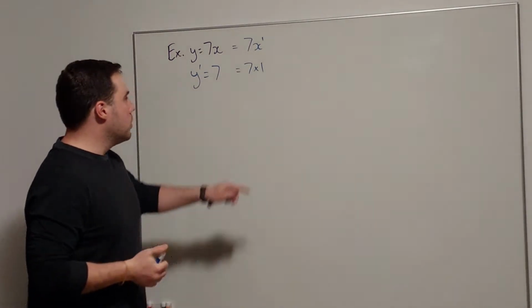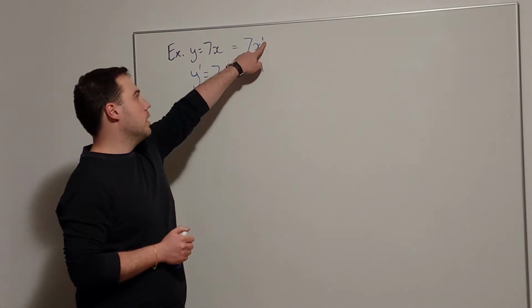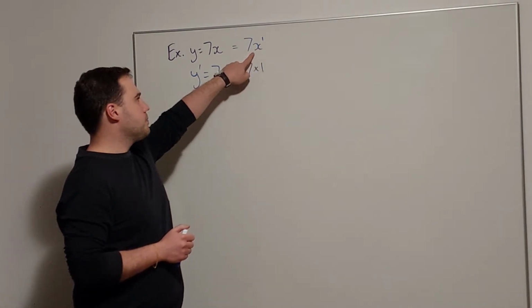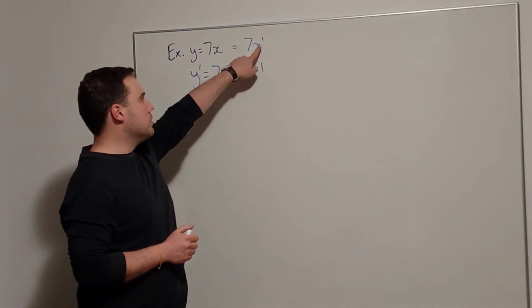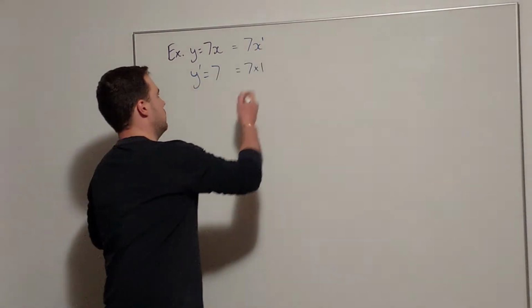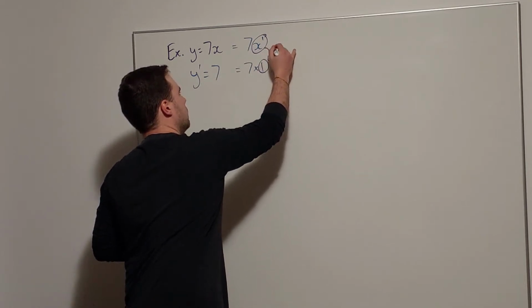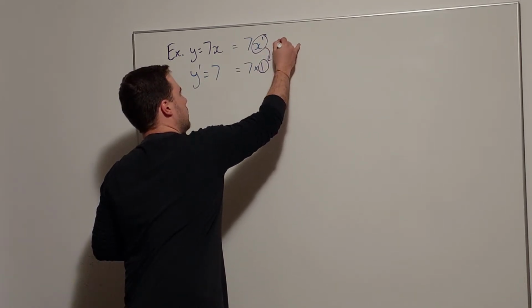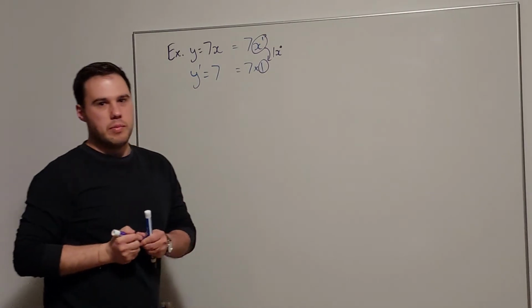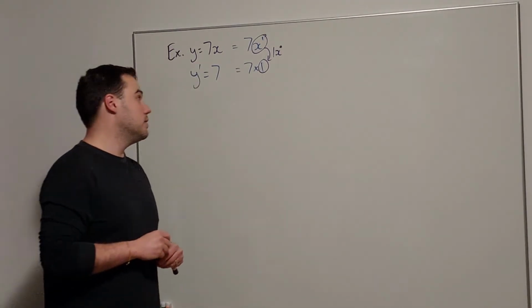Well, what's the derivative using the power rule of x to the 1? Well, we can bring the power down the front and multiply by the power and subtract 1 from the power. Right, so going from here to here, we've brought the power down and subtracted 1 from the power. x to the 0 is 1. 1 times 1 is 1.